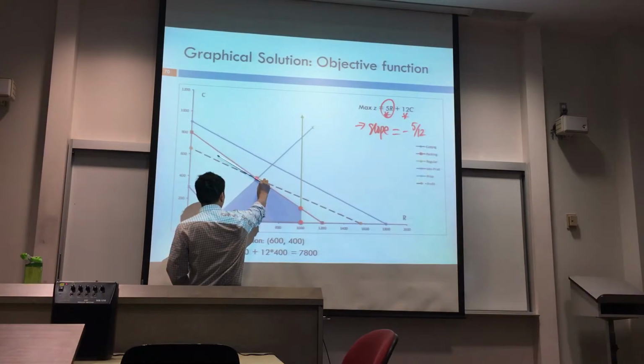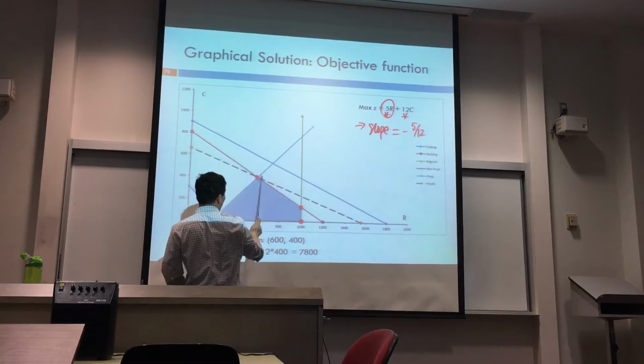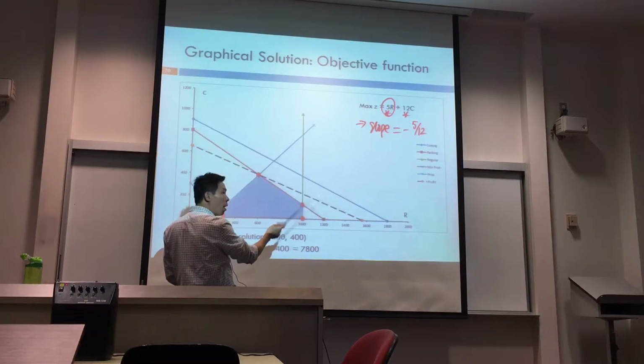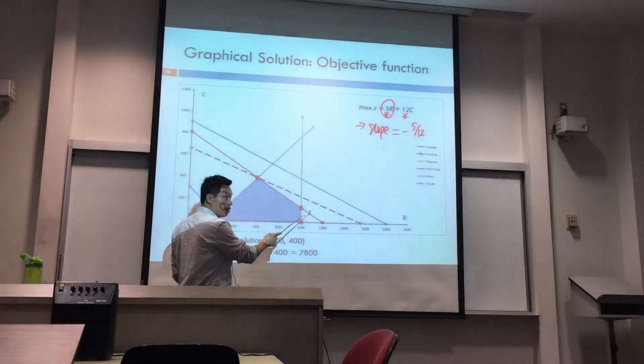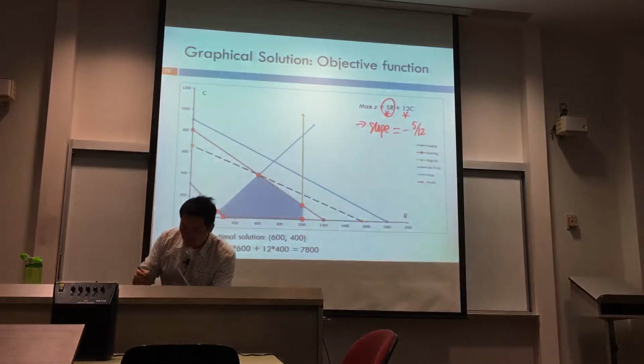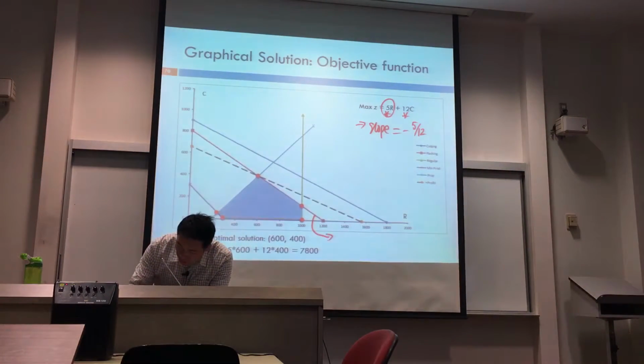Now, whether the new objective function line is steeper than this one or not, you also have to figure out what is the slope of this constraint, right? So let's go back. This line is the packing, which is R plus 1.5C less than or equal to 1800.